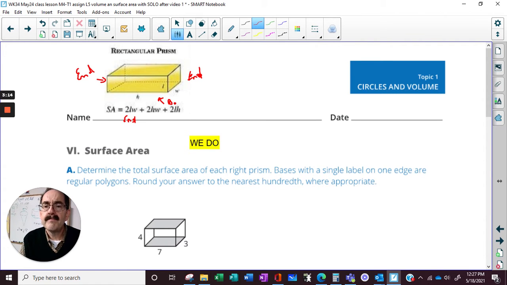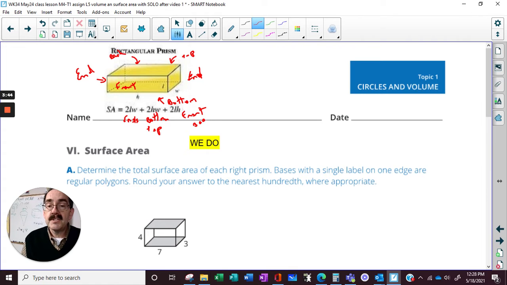The bottom, the top. Okay? So that's the ends, bottom and the top, and length times height. We got the front and we got the back, right? So we have what? A front and a back.